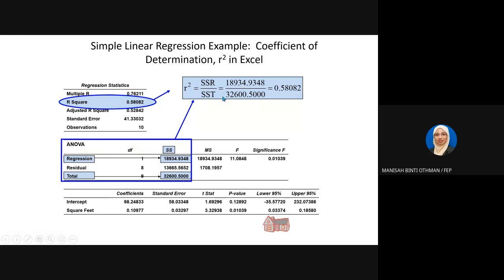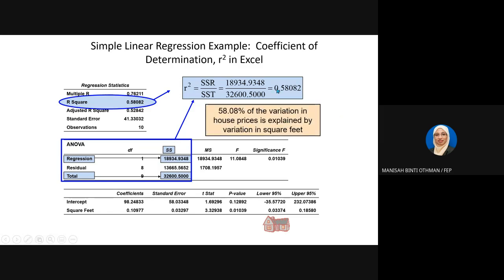R squared in this table is calculated by the computer from these two figures, SSR and SST, divided, which gives 0.5808. Or you can get it directly from the second row of the first table. The value should be from 0 to positive 1 only.